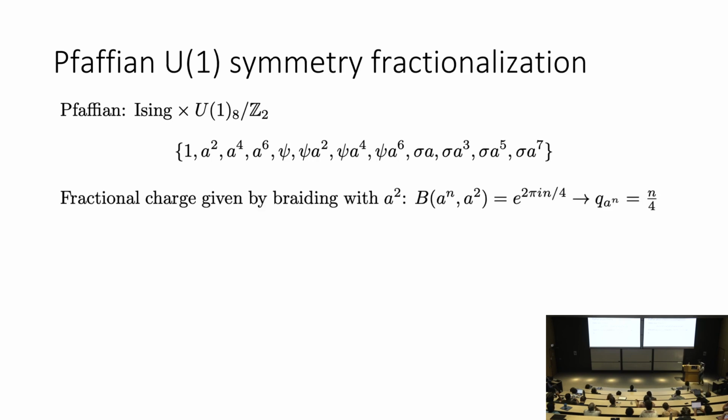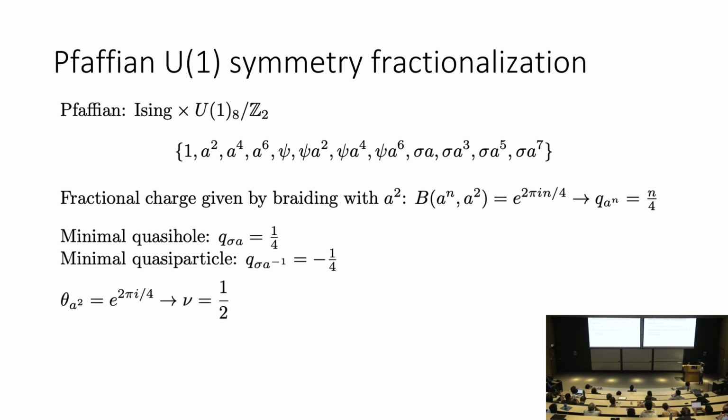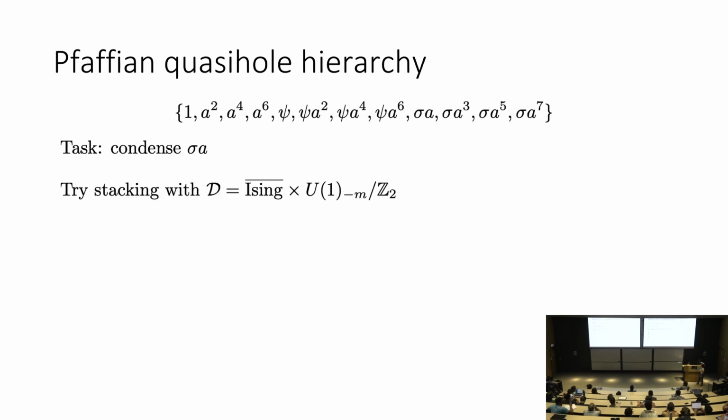So for the fractional charge, we're going to choose the boson to be this A squared, and then the fractional charges are going to be 1/4, 1/2, etc. So the minimal quasi-hole and quasi-particle are non-abelian in this case. And you can see from the spin of the boson A squared that this has filling fraction 1/2, as you would expect, because it is a candidate for this 1/2 filling fraction state.